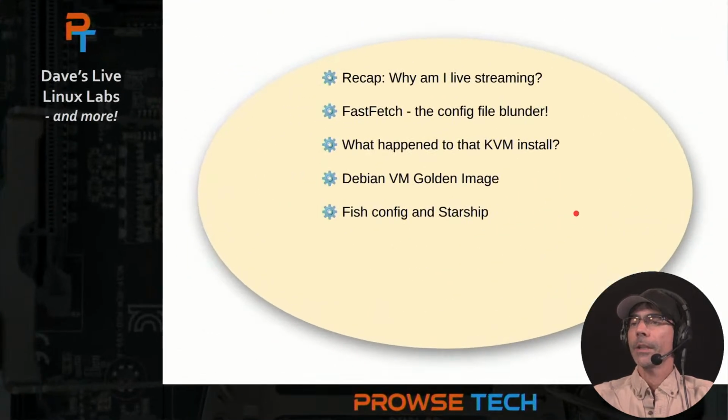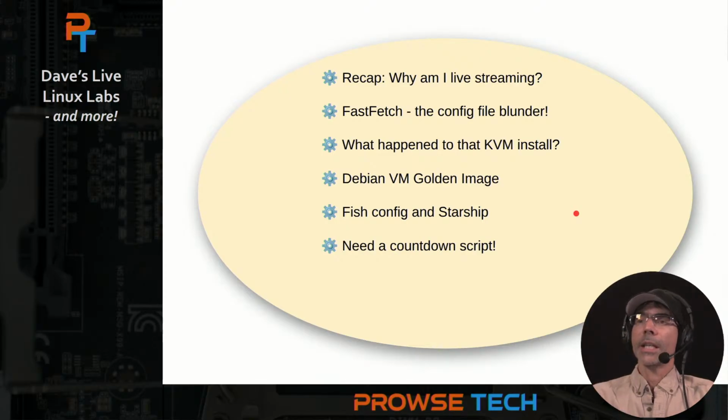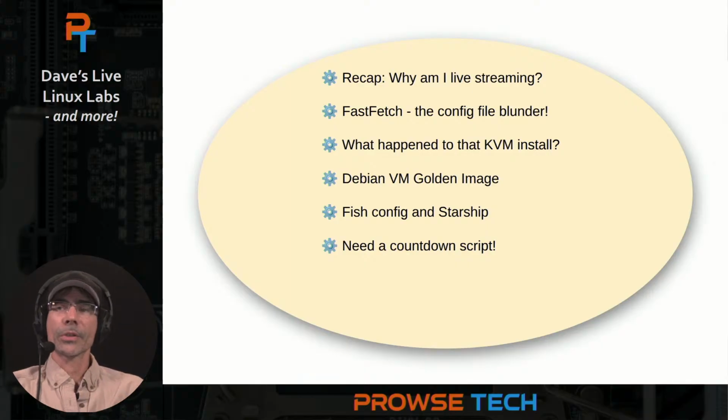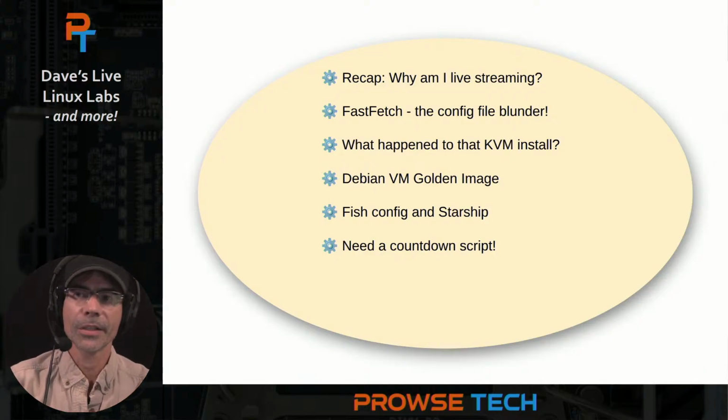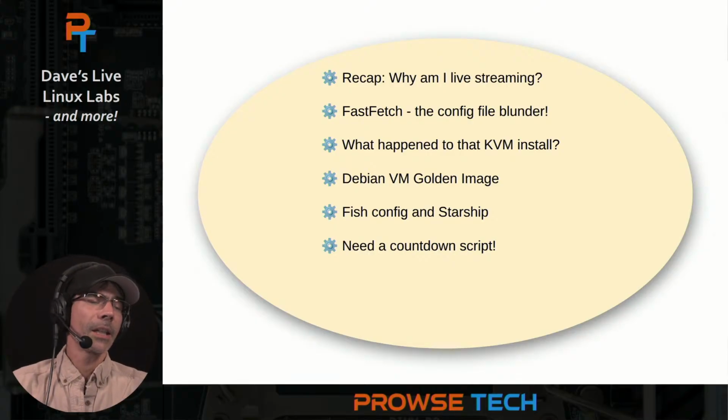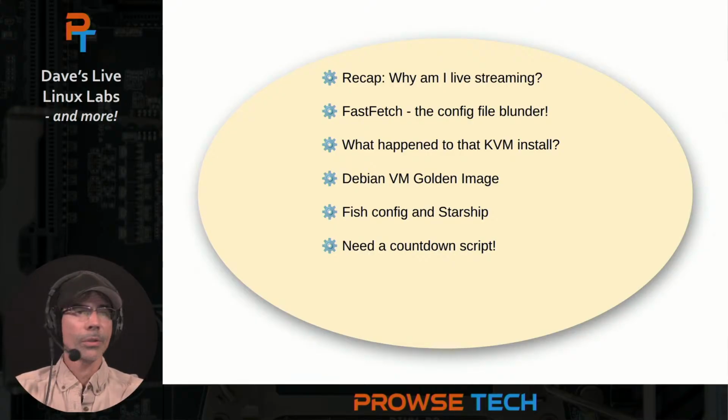All right, next, need a countdown script. So a couple things about countdown scripts here. Historically, I've used a countdown program from someone named Anton Medvedev, and it's really awesome. So I want to install that.